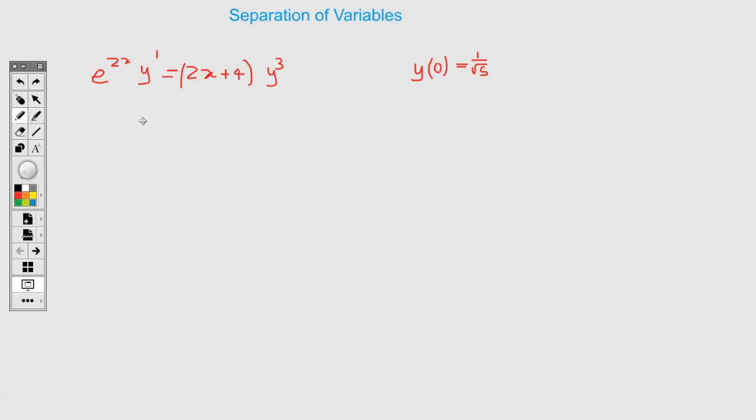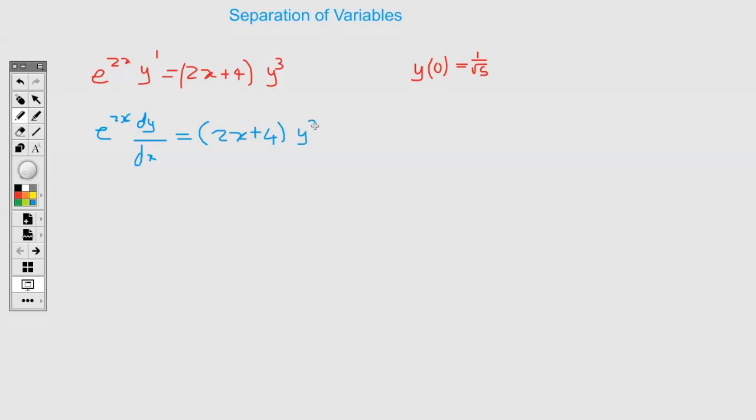So I will be rewriting it as dy over dx, then I have e to the 2x here, is equal to, open bracket, 2x plus 4. Then I multiply by y cubed.